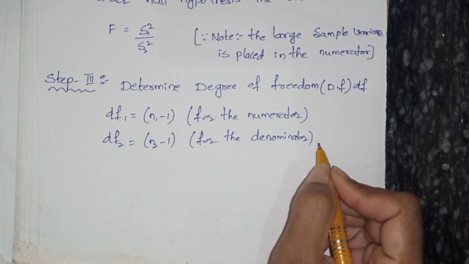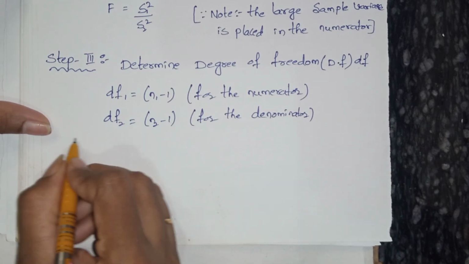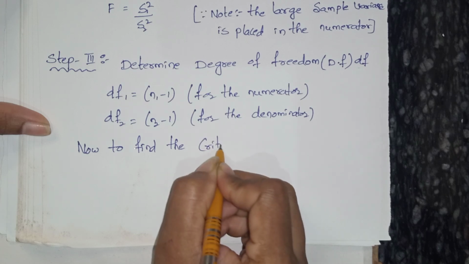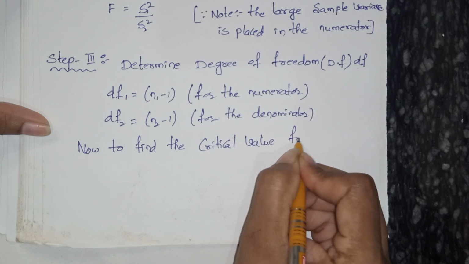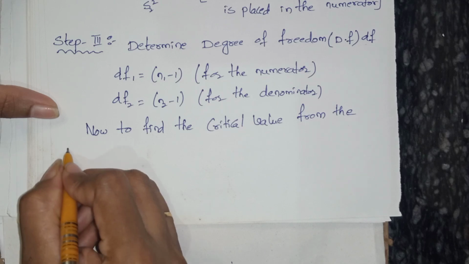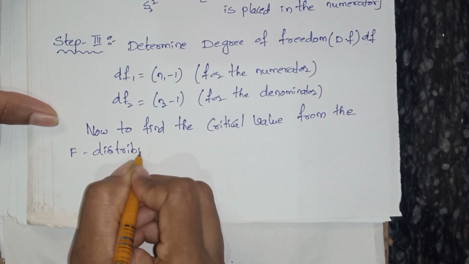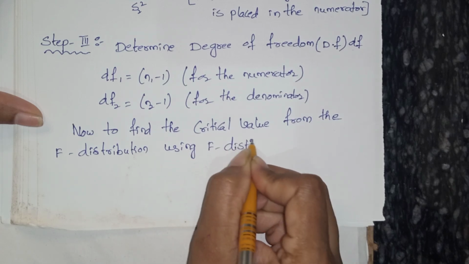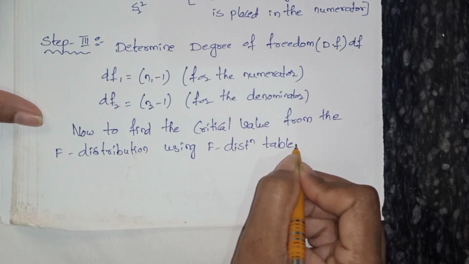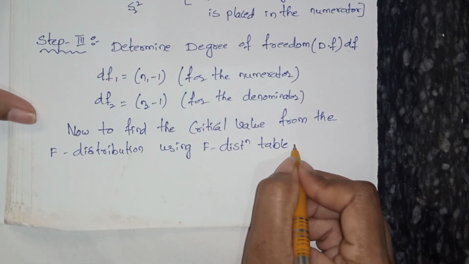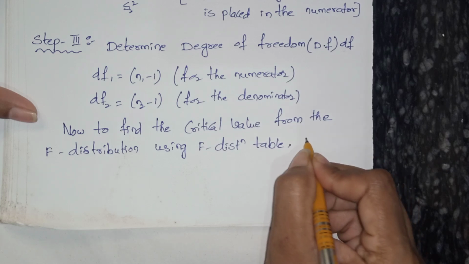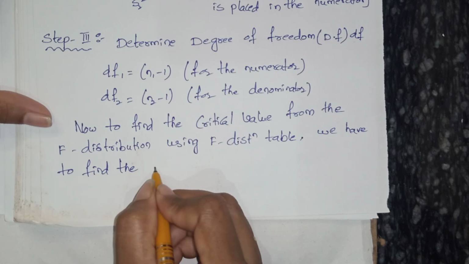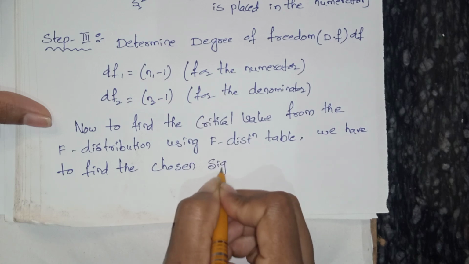Next, we have to find the critical value from the F distribution table at the chosen significance level.